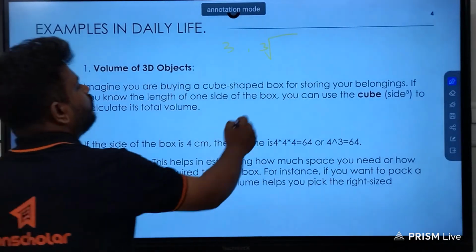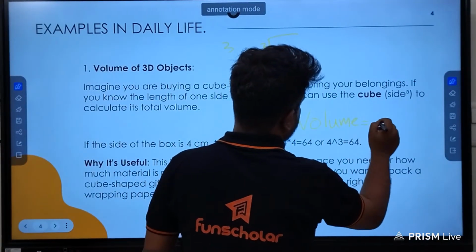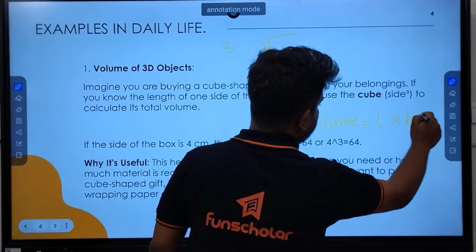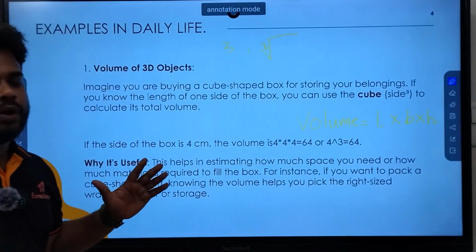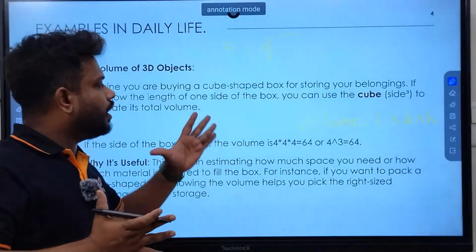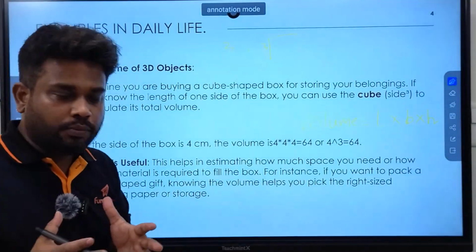As we know, volume means length into breadth into height. From this formula we are going to learn the actual value of any 3D object or any kind of box.